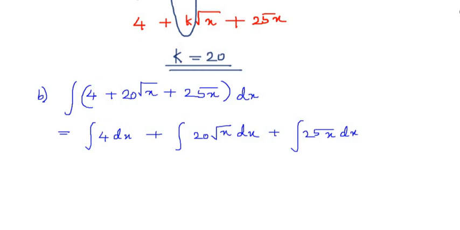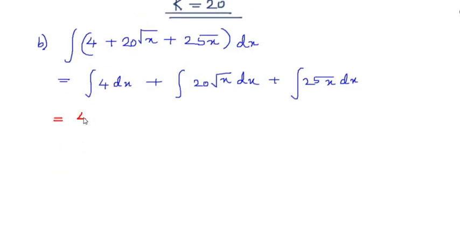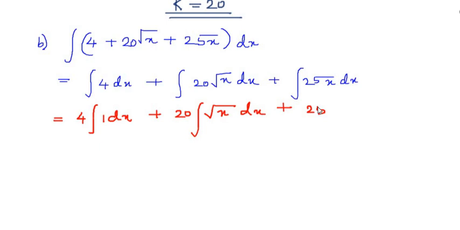So here we can take the constants out. So here we can take 4 out, and it will become 1 dx plus, here 20 is a constant so we are going to take it out, root x dx, plus 25 is a constant, we are going to take it out, integration of x dx.